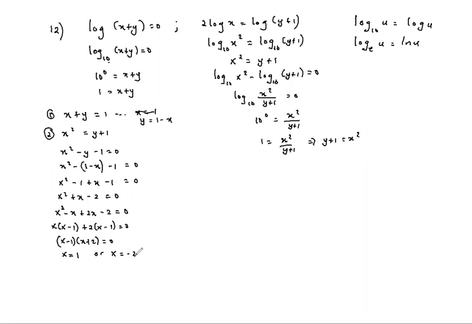Now I bring in equation 1. Y is equal to 1 minus 1, which is 0. So when x is 1, y is 0. On the same equation, we take y is equal to 1 minus negative 2, which is 1 plus 2, which is 3. So when x is negative 2, y is 3.